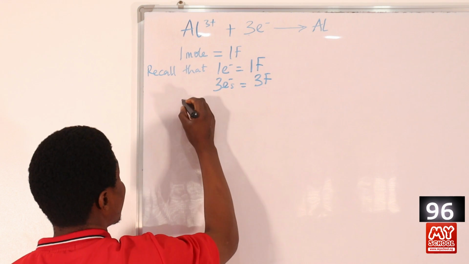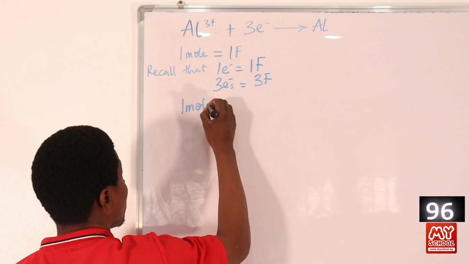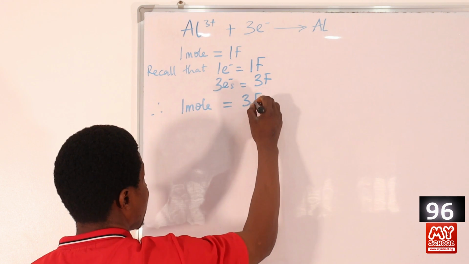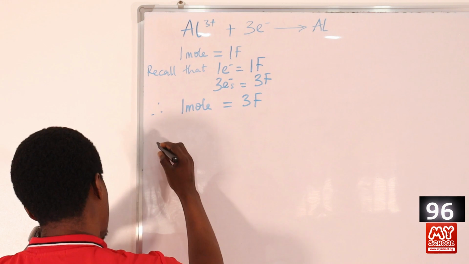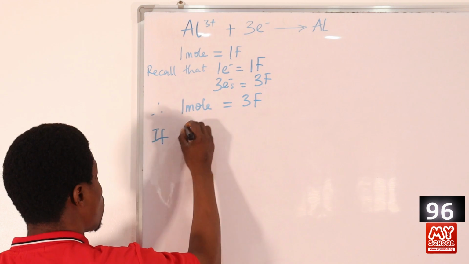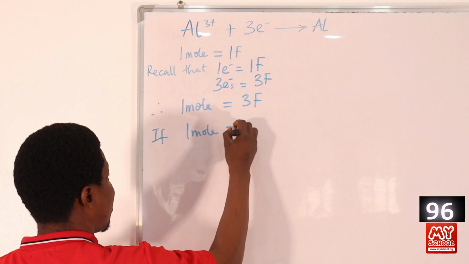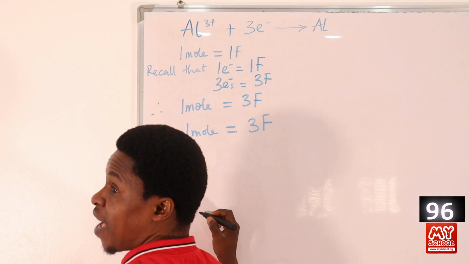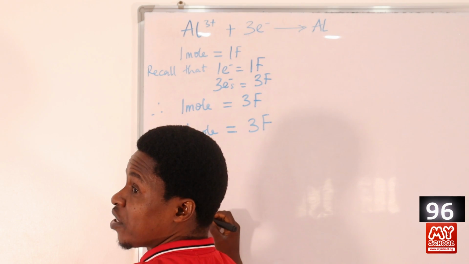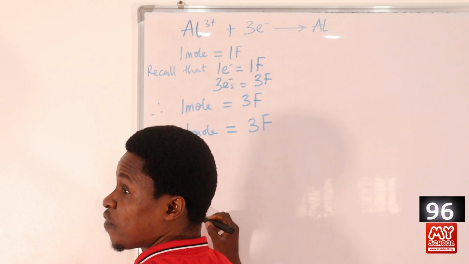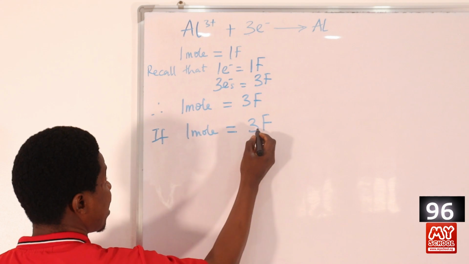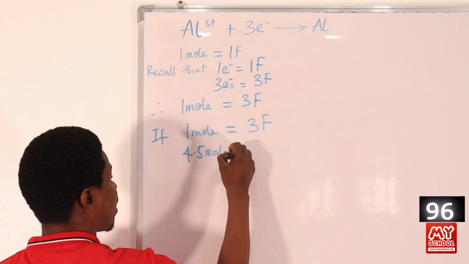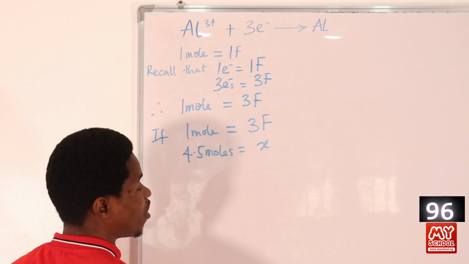So we can say that 1 mole of aluminium will be equal to 3 Faraday. Now we're asked to find how much Faraday is required to discharge 4.5 moles. So if 1 mole gave 3 Faraday, then 4.5 moles will give how much Faraday?